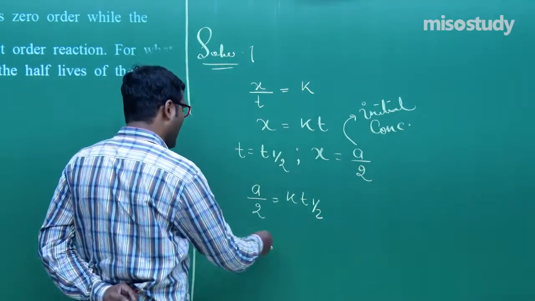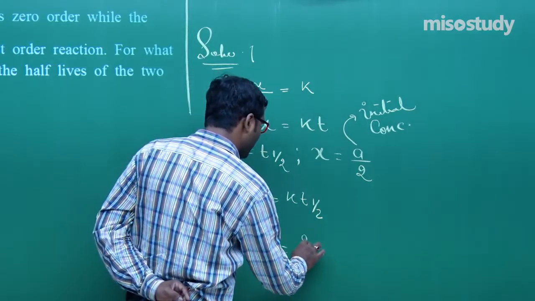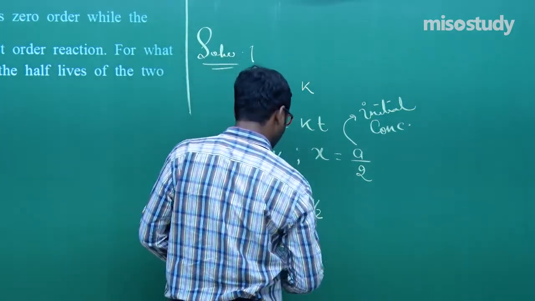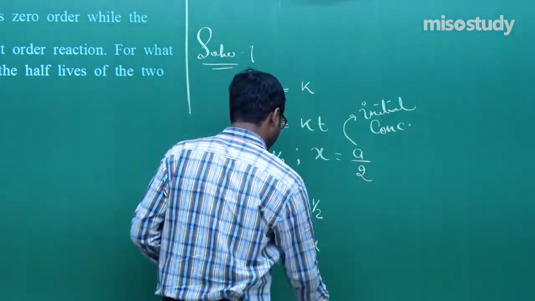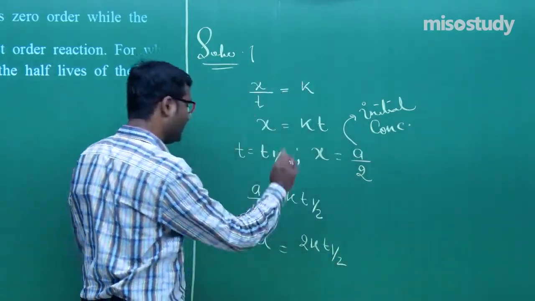Clear? Now what will happen? Check it out. That is 2k t half is equal to a.